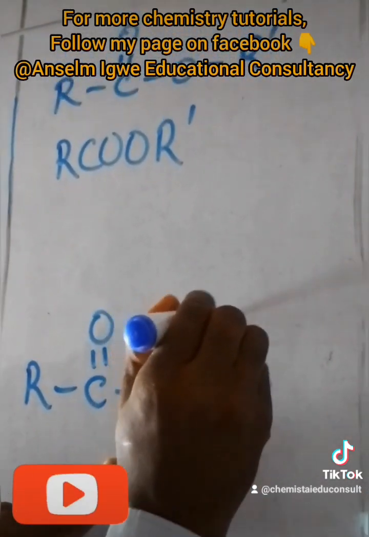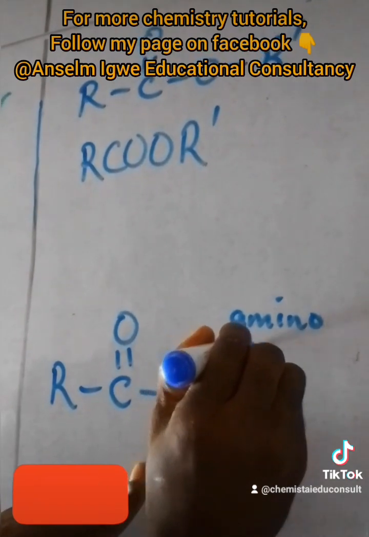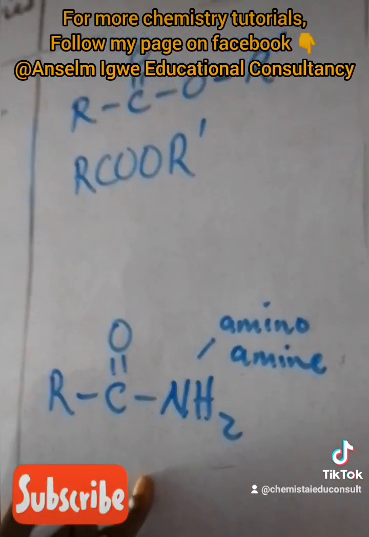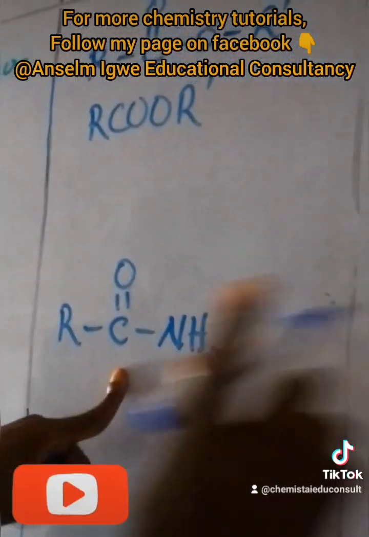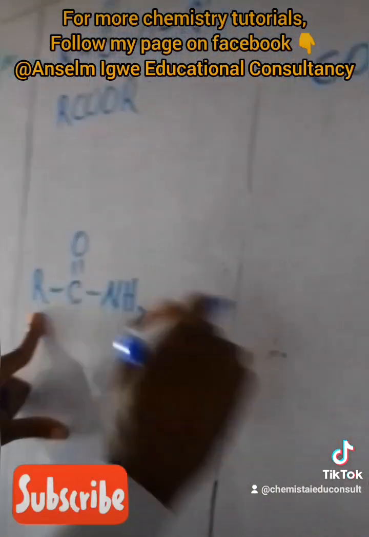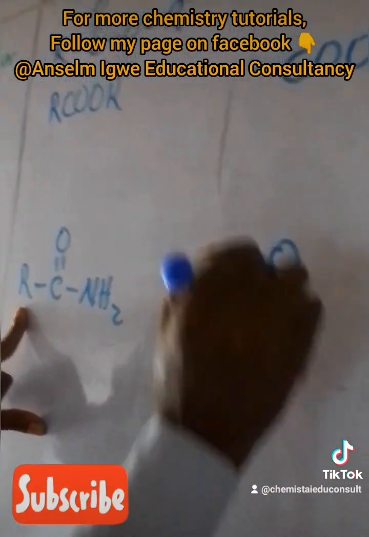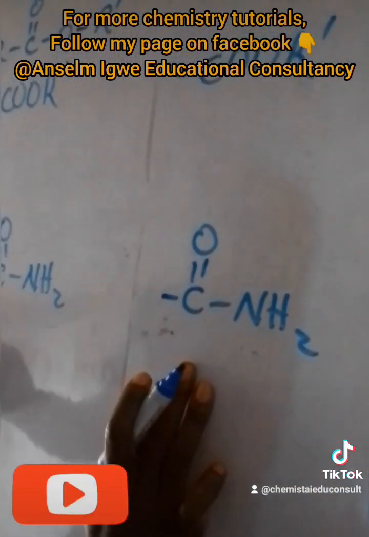This NH2 is called amino group or amine group. So that is why this is called amide. Now let's get the functional group by removing R. We have CONH2. That's the functional group.